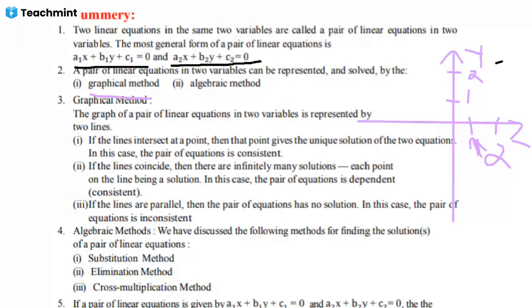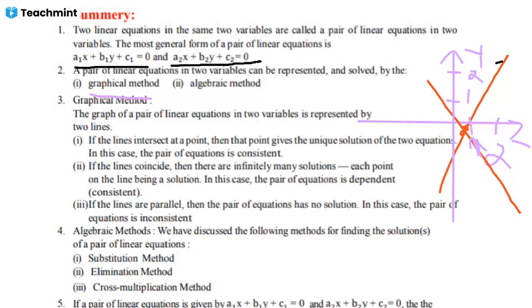When you are plotting the graph, if two lines intersect at a point, you plot one line like this and another line like this. These two lines are intersecting at a point. If any two lines intersect at a point, what type of solution will those two lines have? Unique solution. Yes, very good. So if any two lines intersect at a point, then the two lines have a unique solution.